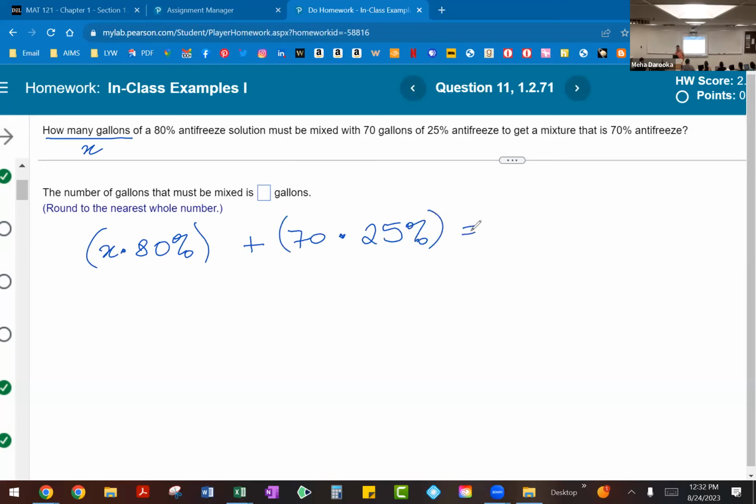So that will equal, what's my total quantity for the mixture? I'm asking for quantity, not the concentration. How many gallons will my mixture be once I mix these two liquids together? How would you write that?